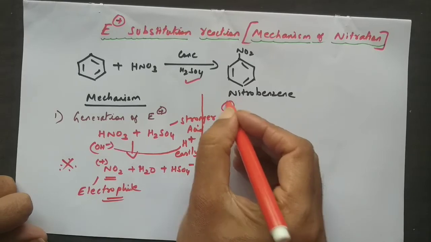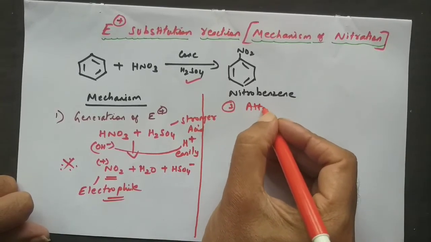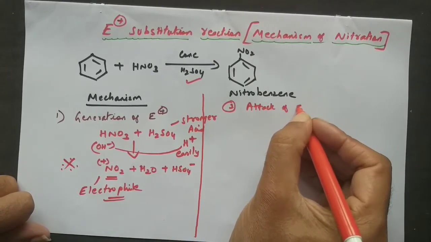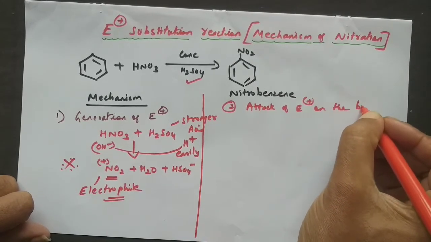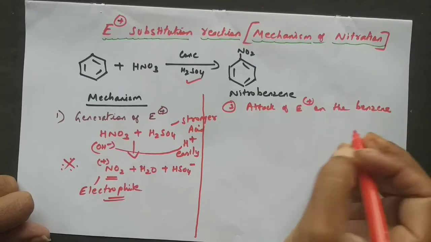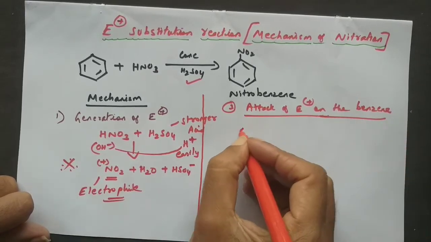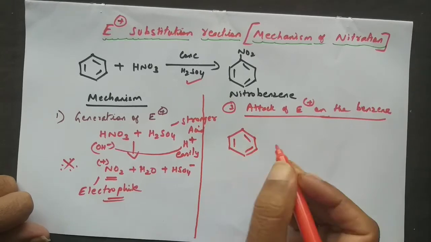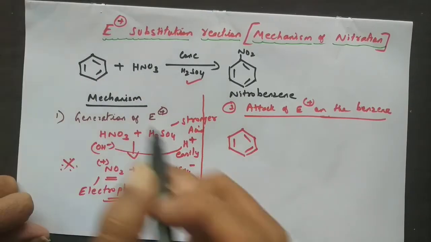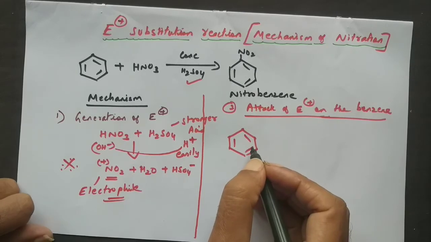So the second step will be the attack of the electrophile on the benzene. We can draw the benzene part like this. In benzene we have 3 double bonds, that is, 3 pi bonds.